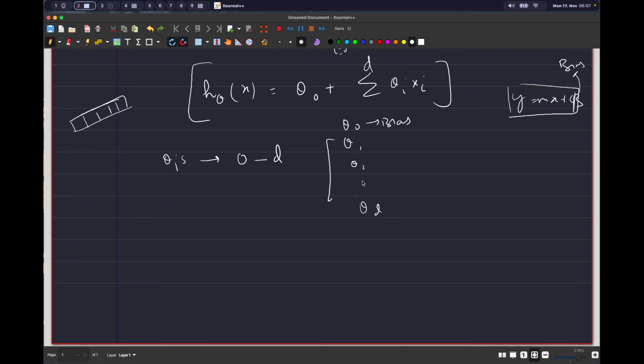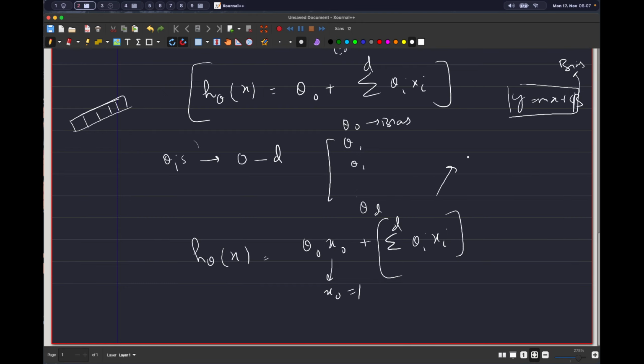This can also be written as h theta x equals theta 0 x0 plus all the way up to d theta i xi. So these are your original features of a house, and we set x0 equals 1.